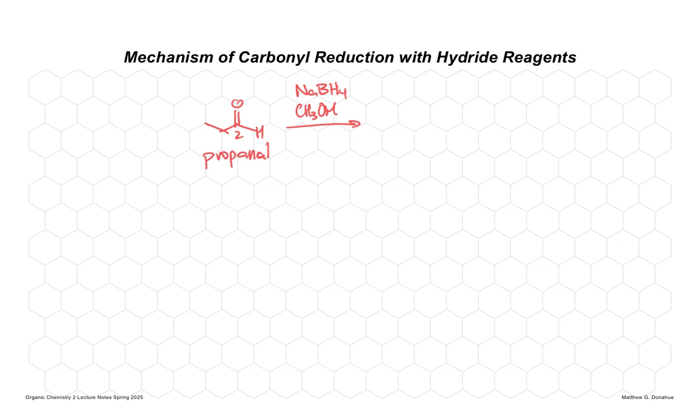Sodium borohydride is a little bit weird in the sense that you have to use a polar protic solvent, like an alcohol solvent. It's weird because the sodium borohydride is supplying H-. So you would think the H- is just going to react with the alcohol.